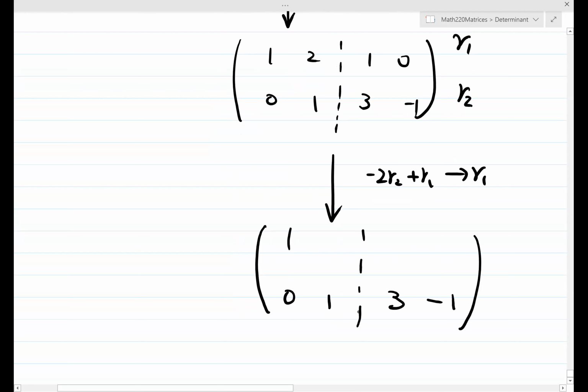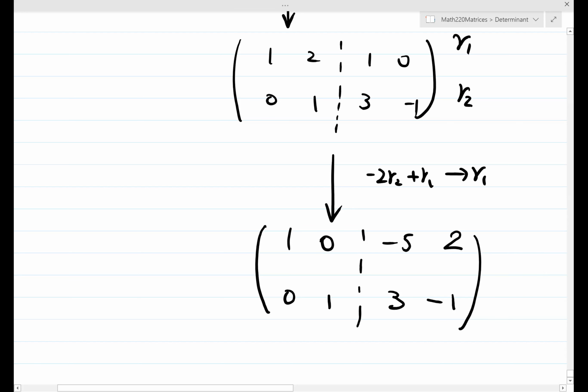Then 1 plus -6 is -5, and here we add -2 multiple of R2, which is -2 times -1, so we get 2. 2 plus 0, we get 2.